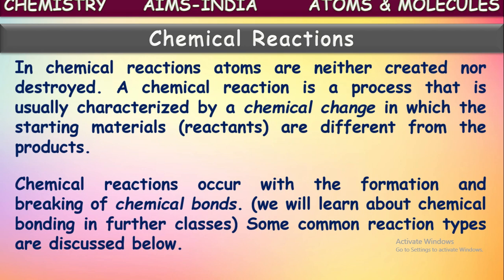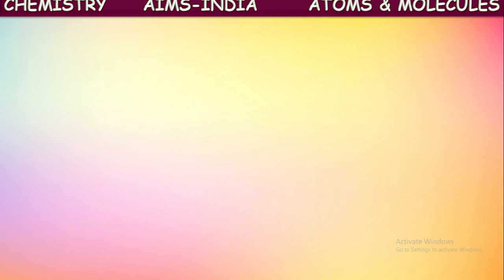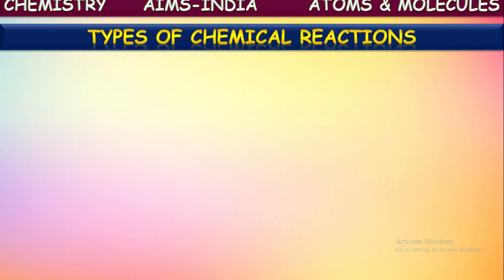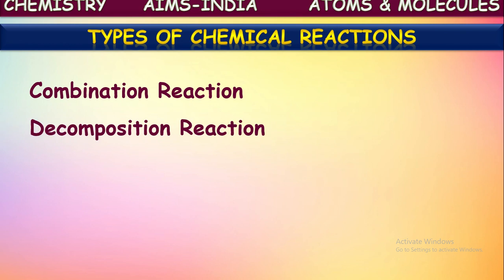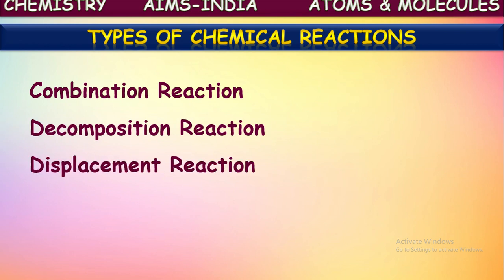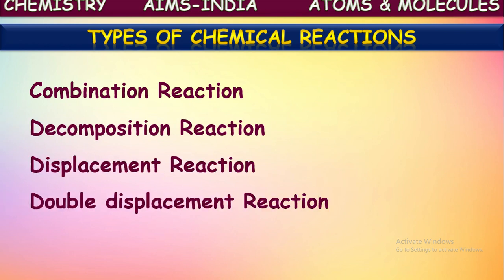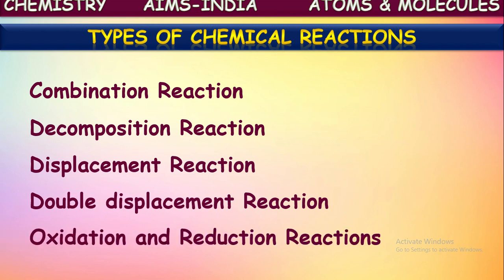So based upon these rearrangements of atoms, chemical reactions are classified into different types. Some common reaction types which we are going to discuss now: combination reactions, decomposition reactions, displacement reactions, double displacement reactions, and even oxidation reduction reactions.